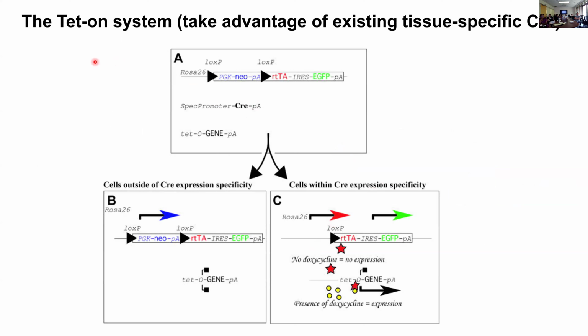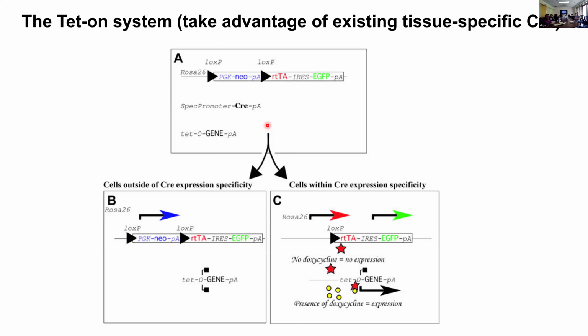One can also use the TET on system to achieve what we do with the inducible Cre. For this, you need three elements. We need a floxed rtTA allele. We need a tissue-specific Cre, which is the most widely available tool we use.